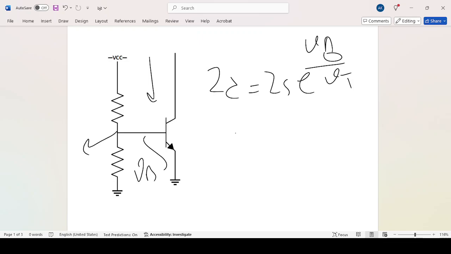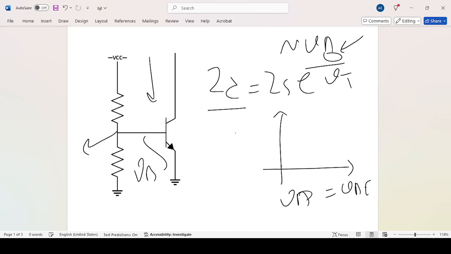The problem here is that the relation between the base bias and current is exponential. If you have a very small variation over here, it changes the current drastically. If I draw VB over IC, it is something like this.